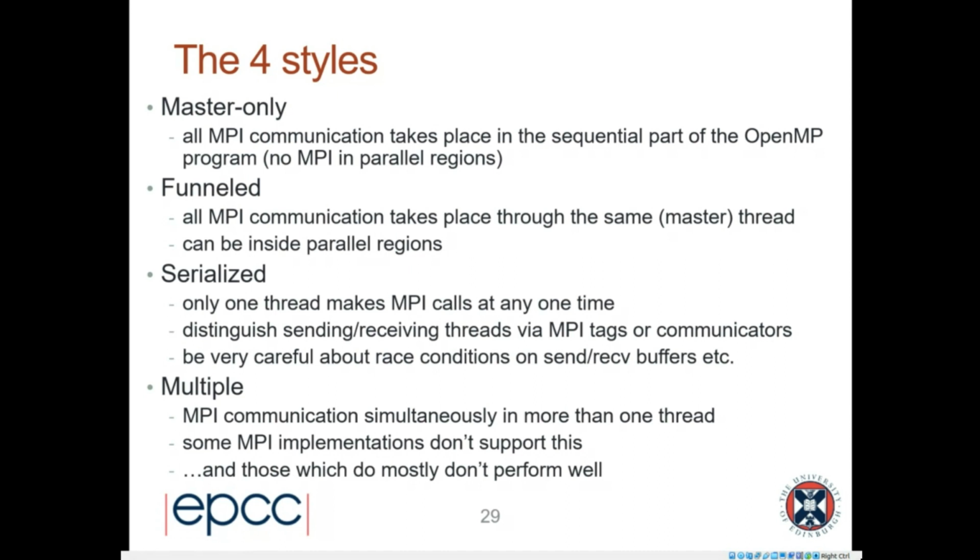Probably what happens is the MPI library is full of lots of mutexes inside, which will have an overhead. So MPI can do something more than one thread. Some MPI implementations don't support this. Those which do mostly don't perform well because the MPI library was not designed with threading in mind. If we designed the MPI library today, you would design it from the outset to be thread safe.